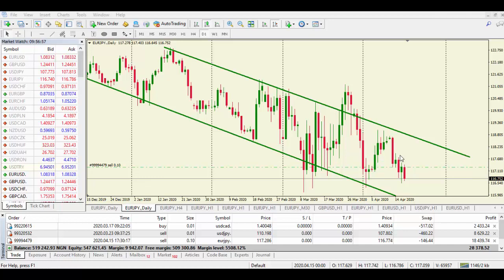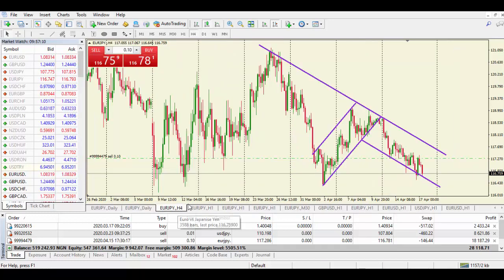Now that we have established that the big players are looking at EURJPY on a downward trend, let's go down the time frame and look at EURJPY on H4. On H4 we saw the price going up a little bit and then still falling, as we have seen it on the daily time frame.